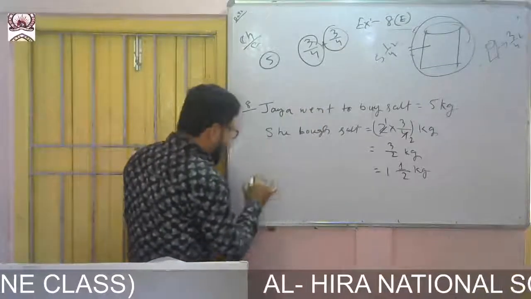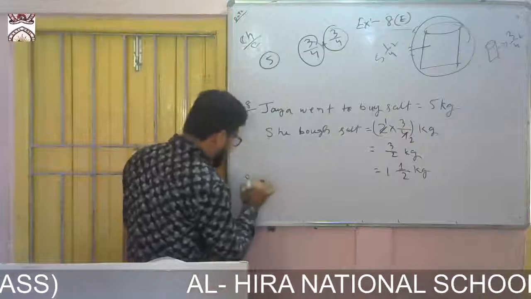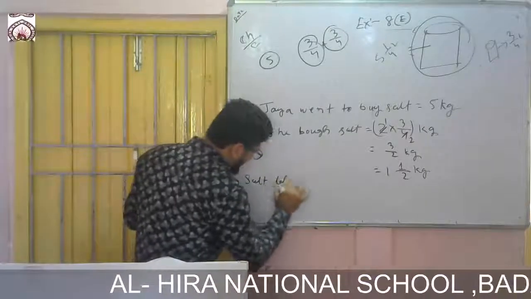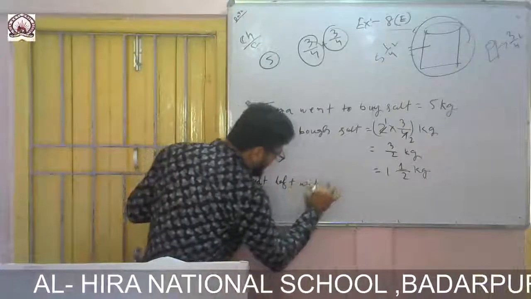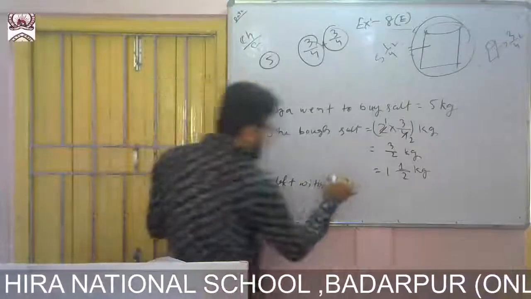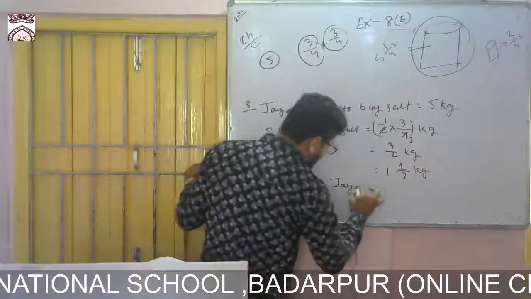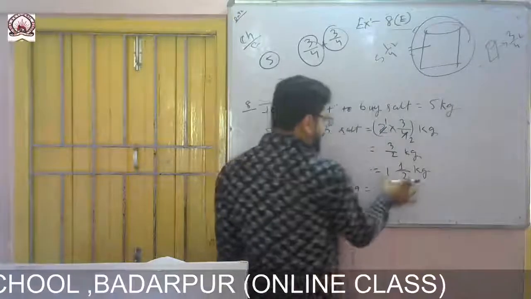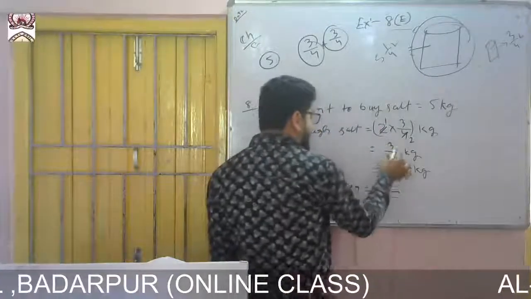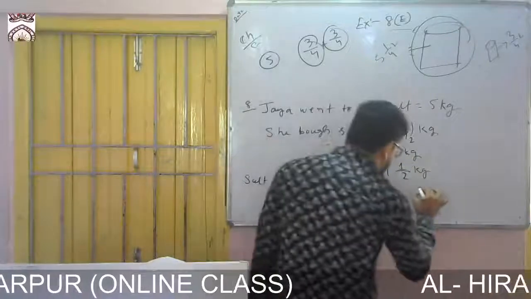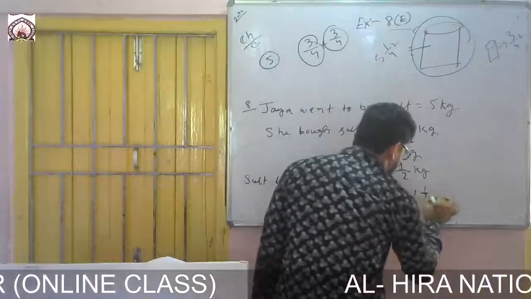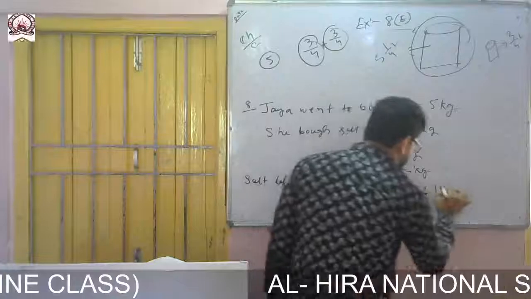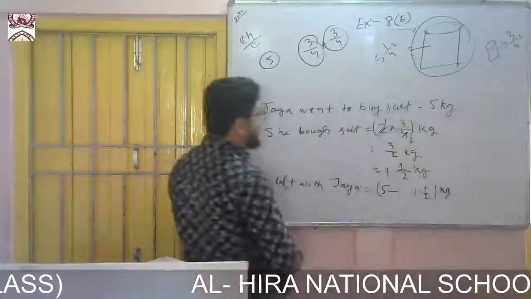So write: salt left with Joya will be 5 minus this fraction, 3/2 kg.